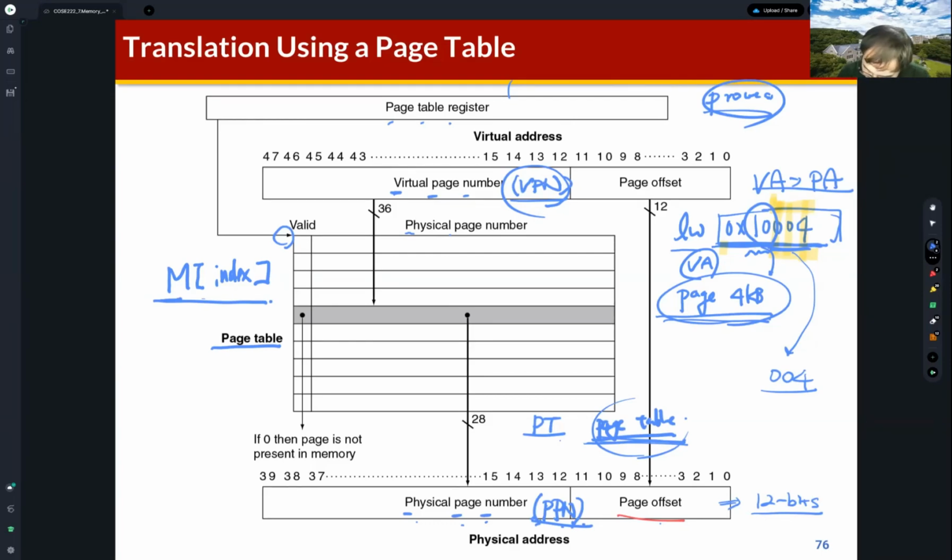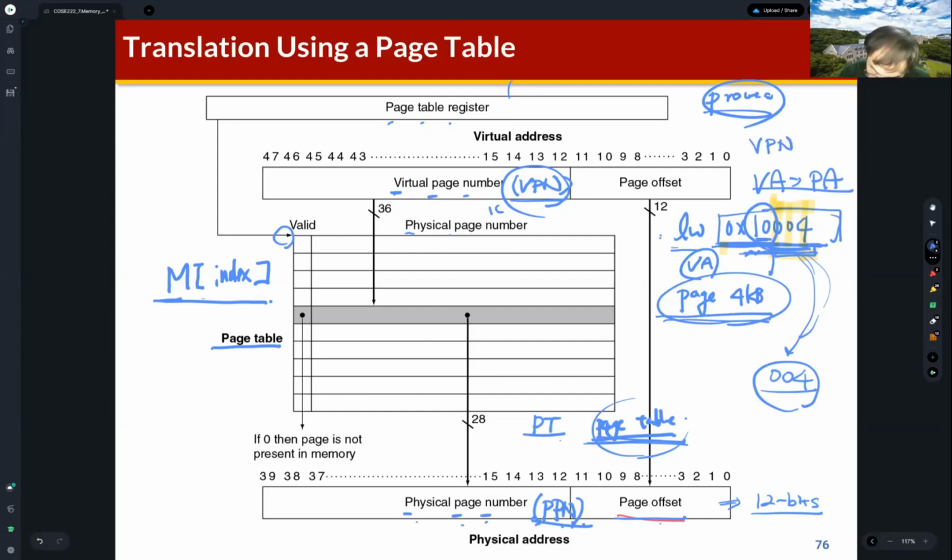Let us assume that this load word instruction is executed. As I mentioned, this is the virtual address, so it needs to be translated. The last 3 digits of this address are the page offset, so they are not translated. In this example, 10 is the virtual page number.